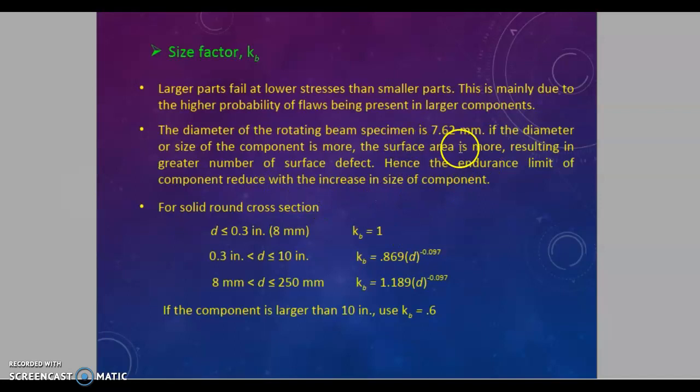So surface area and Kb are inversely related: as area increases, Kb decreases. For small area, Kb is 1, and for larger area, Kb decreases.